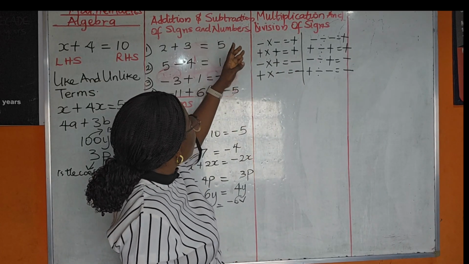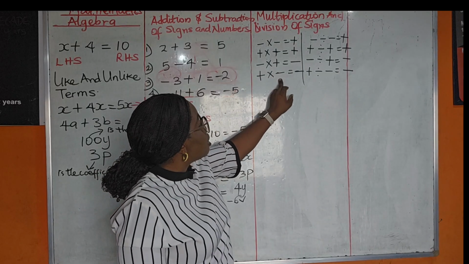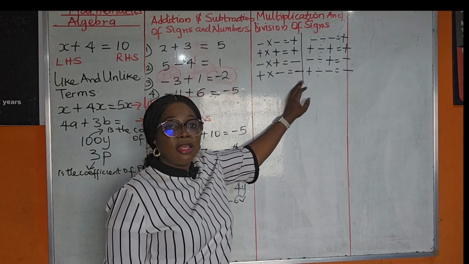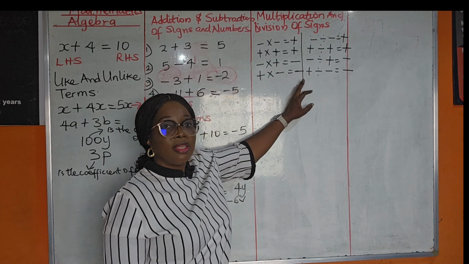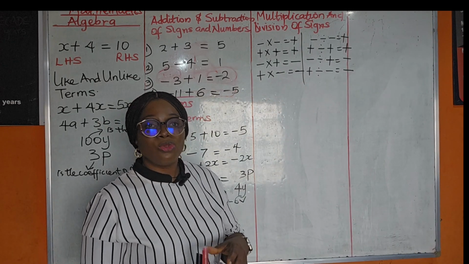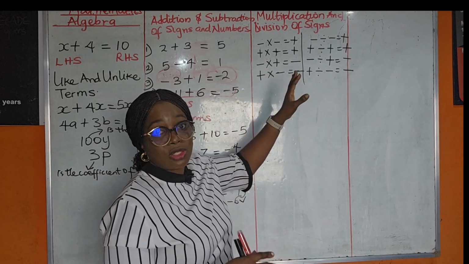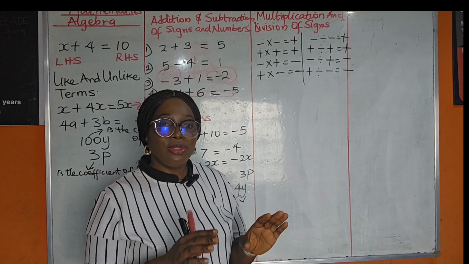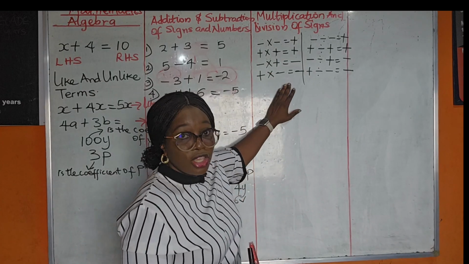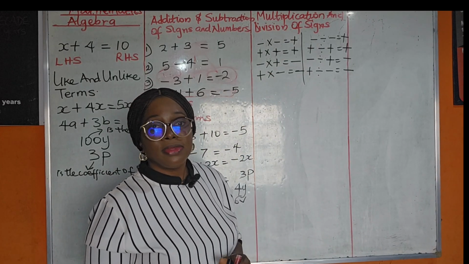And when you multiply one positive number and one negative number, your final answer will be negative. What is left for you, students, is to understand it the way it is. It's quite simple. Once you understand it this way, you won't have problems solving.